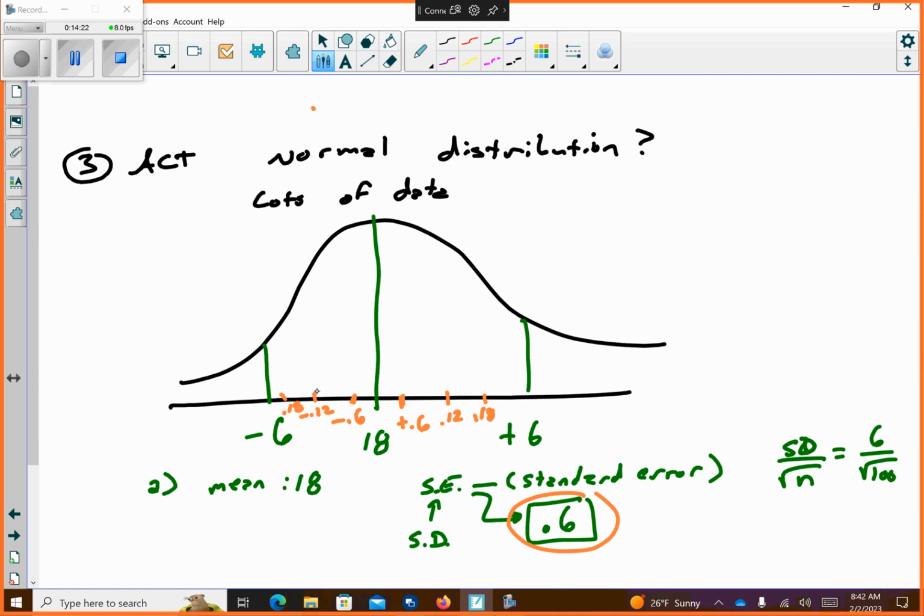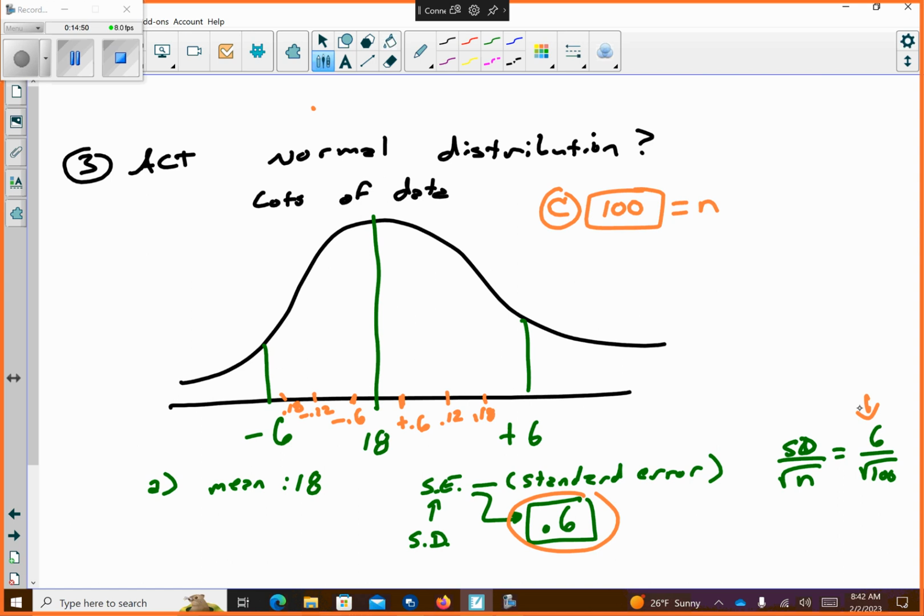Okay? Now, letter C says, what percent of all random samples of size 100 will possess an average ACT score greater than 20? So, if I pick this 100 as my sample, that goes with our standard error.